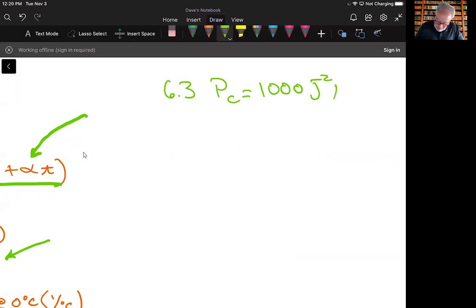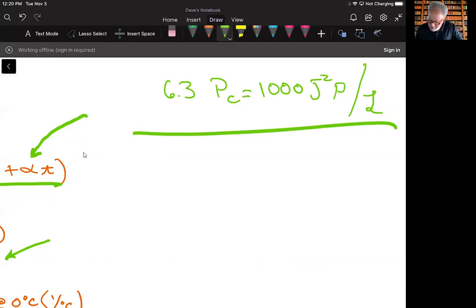And here's resistivity. And this is all divided by lowercase zeta, which I'll try to draw here. Okay, but you can see that is equation 6.3. And let me just table that for a second, and we'll come back to it. And when we put some numbers in there, it'll make more sense.